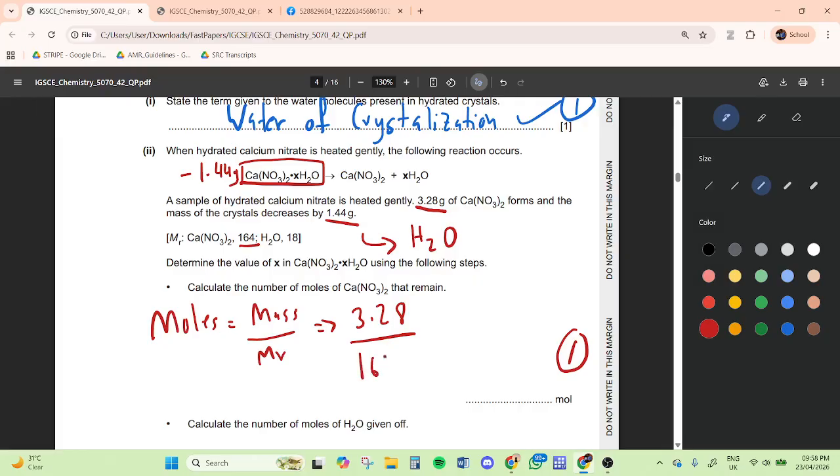Here's a good thing about CIE or IGCSE examinations: you're rarely going to get a very ugly number. If you put this into the calculator, you're going to get 0.02 moles. And boom, you put that in, 0.02.